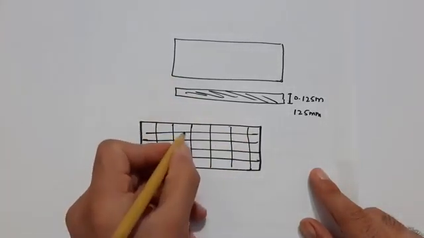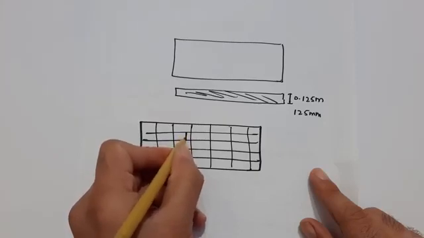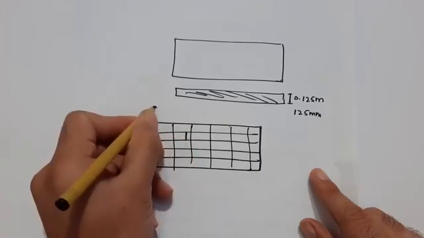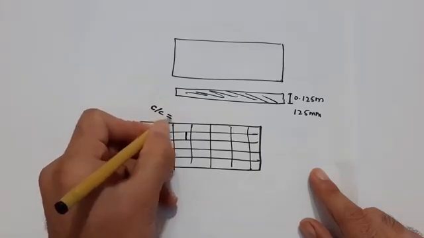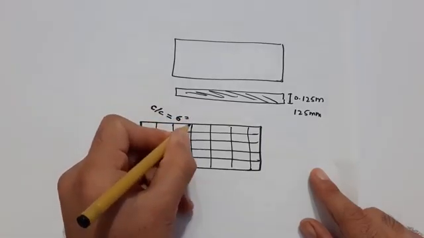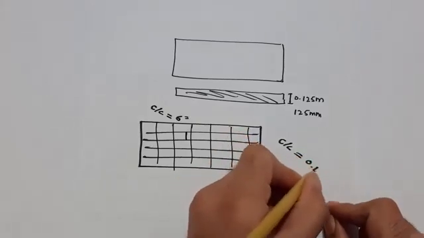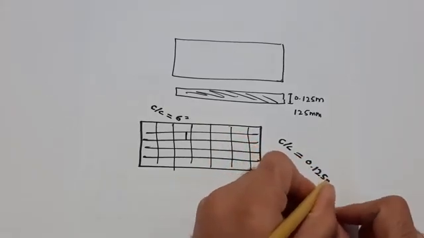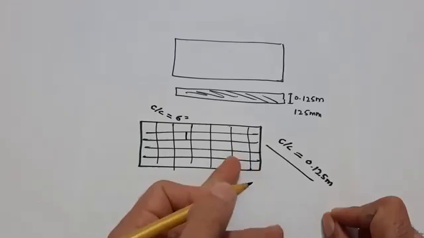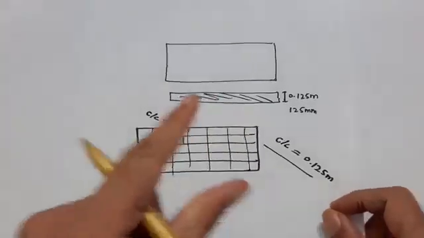The space between two steel rods we can say is C/C, for example, 6 inches, or C/C equal to 0.125 meter, etc. So it means spacing between two steel rods.